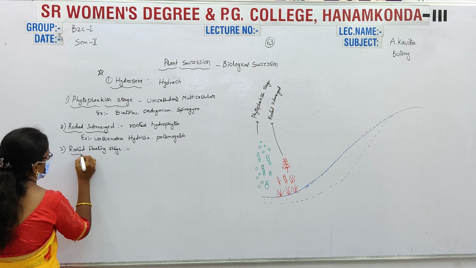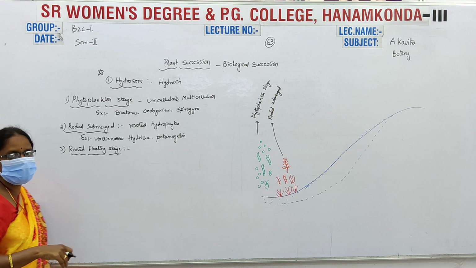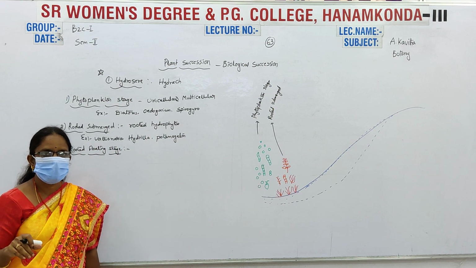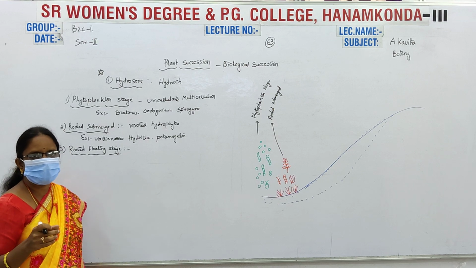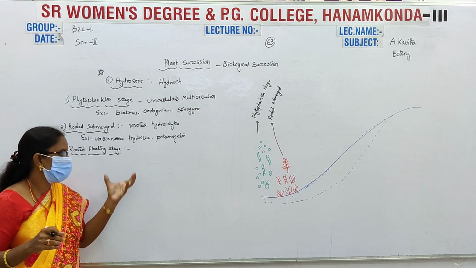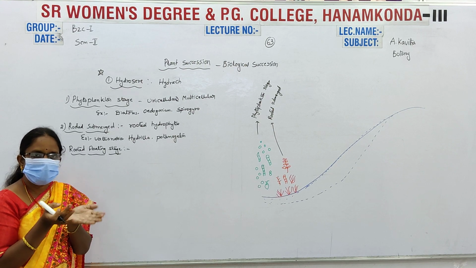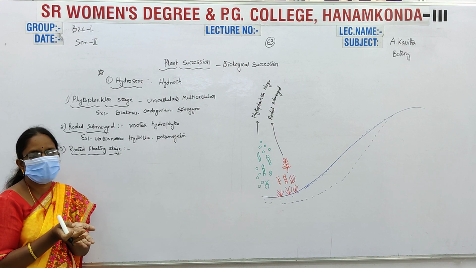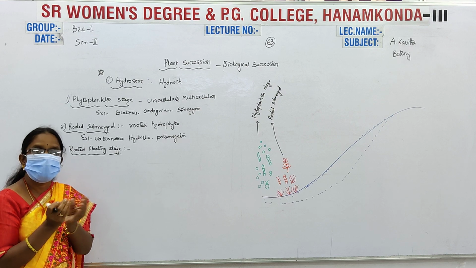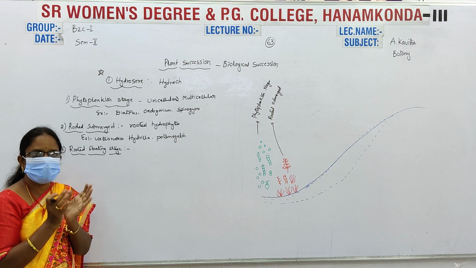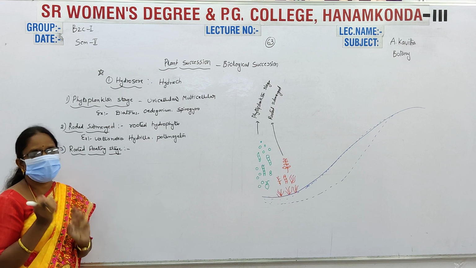Rooted floating stage. These plants are attached to the substratum, to the bottom of the pond or aquatic ecosystem. The roots are also present. Through the roots, the plants are attached to the bottom of the pond ecosystem, and the plant bodies, for example leaves and flowers, are floating on water.